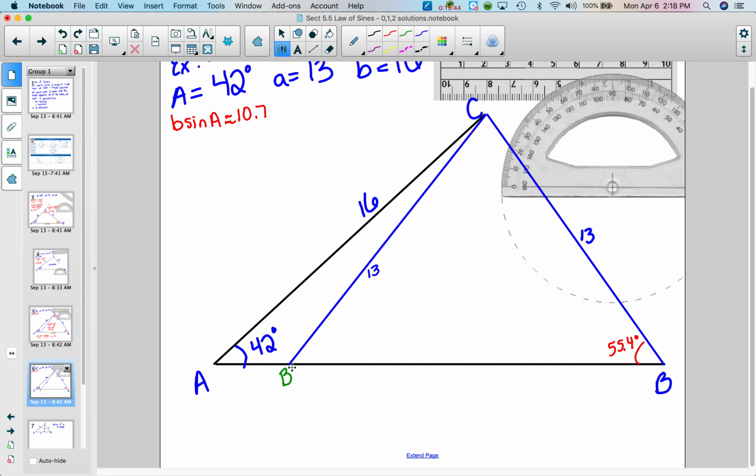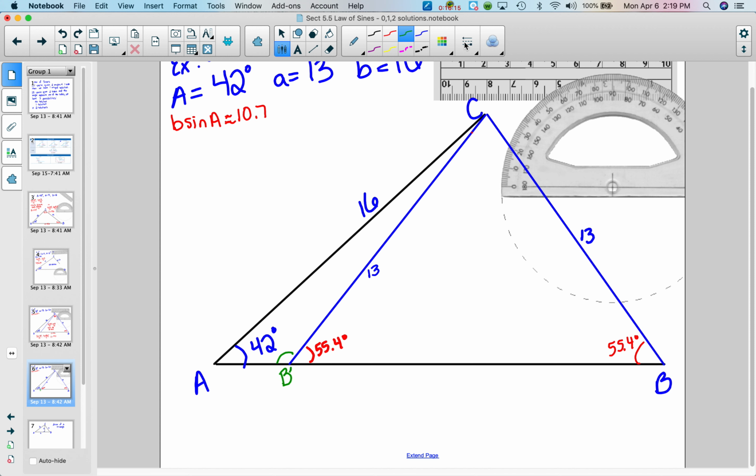You could even call this B prime and put a little mark right here, just so you know it's different from this angle B. And I need to figure out what this angle is right here because that's my angle B for my second solution. Well, notice that this other triangle that I left here has a 13 on this side and a 13 on this side, which makes this an isosceles triangle. And if this piece right here is 55.4 degrees, then this piece is also 55.4 degrees.